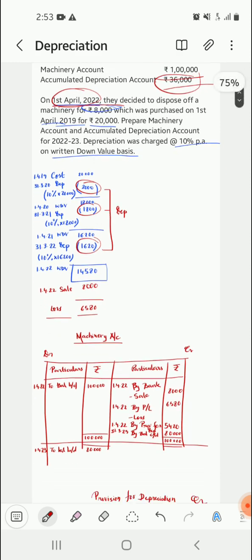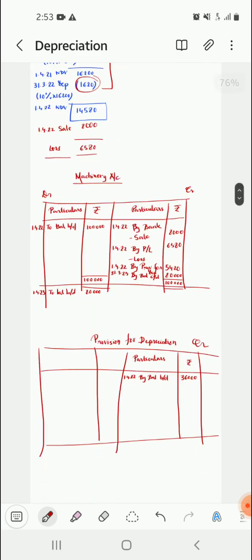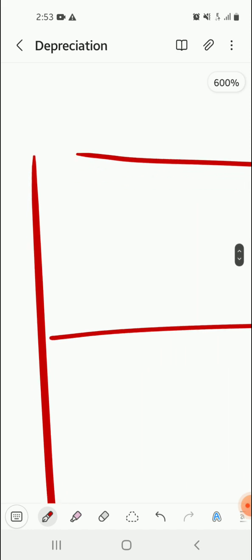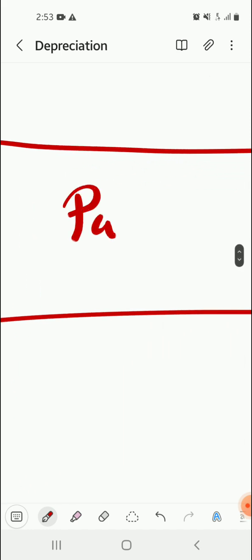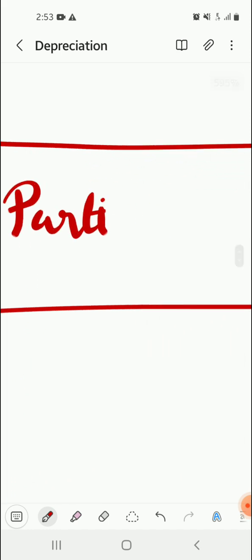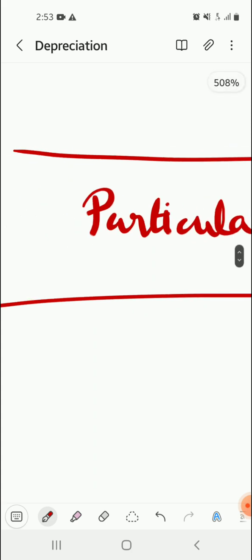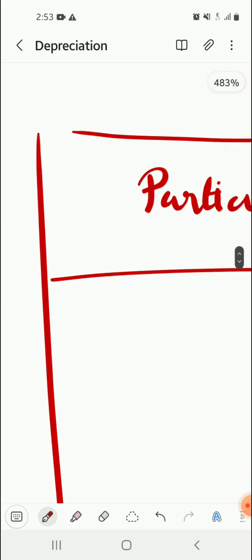Now, see the depreciation for the whole machine that we have sold. We are going to write it over here because we have already sold it, so we are not going to further process any more depreciation related to that machinery. So we are going to first cancel it out, for which we are going to write it over here. We have shifted this to the machinery account, that is on 1st April 2022 itself.